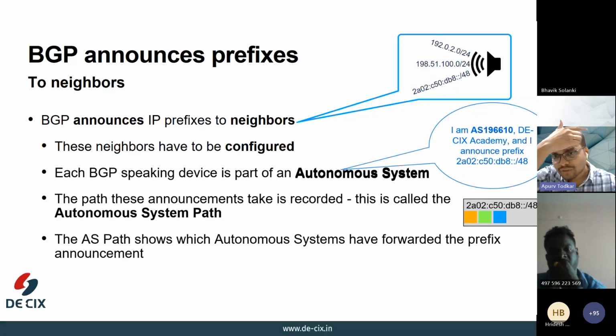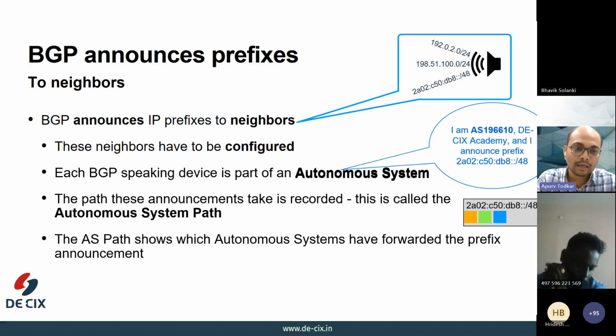So instead of colors or shapes, this information is represented by the autonomous system numbers in the announcement. The AS path shows which autonomous systems have forwarded the prefix, and the rightmost AS in the AS path is called the originator, which is the AS that originally announced that particular prefix.